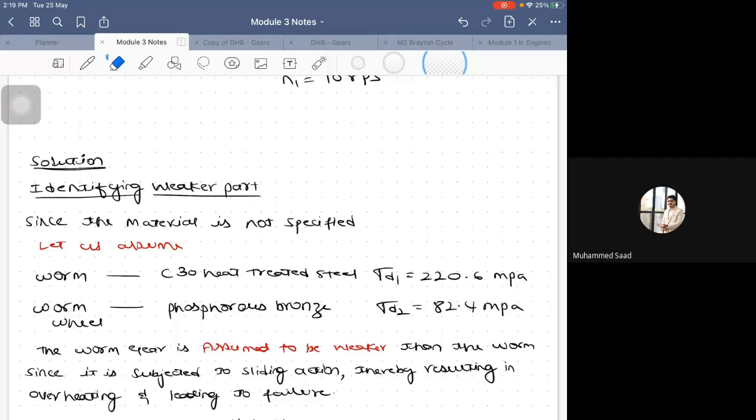Diameter. How will you find it? N2. Okay, N2 you can find, no issue. Calculate the value of N2.